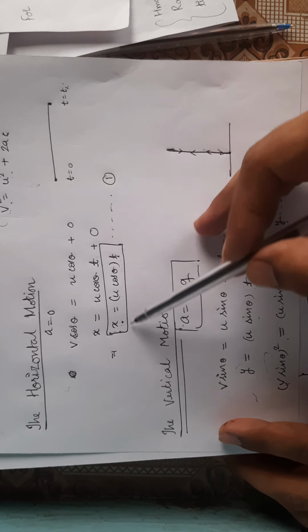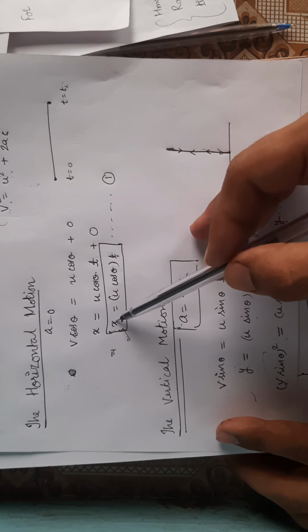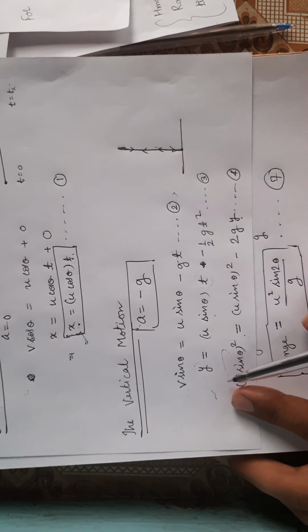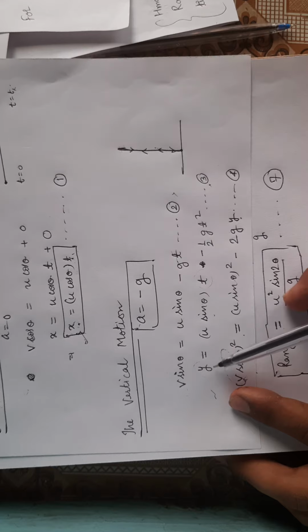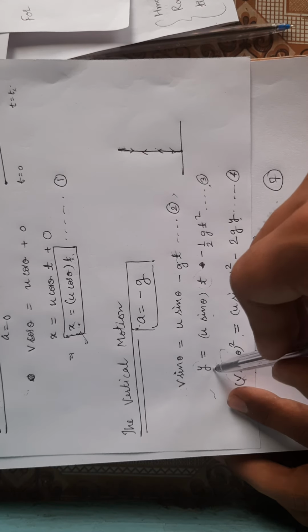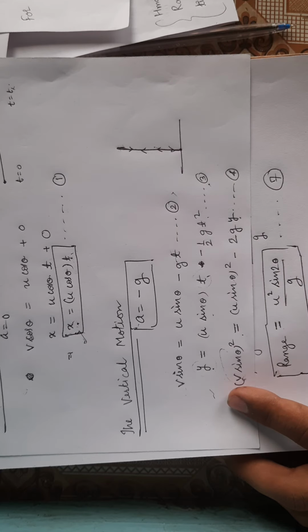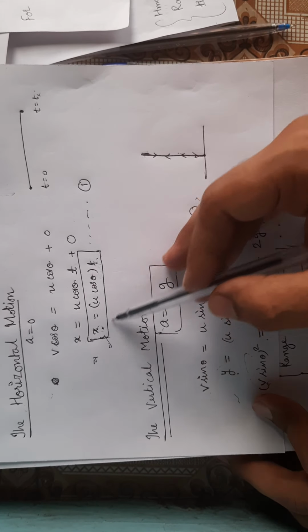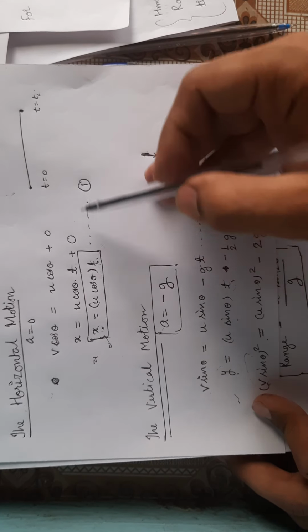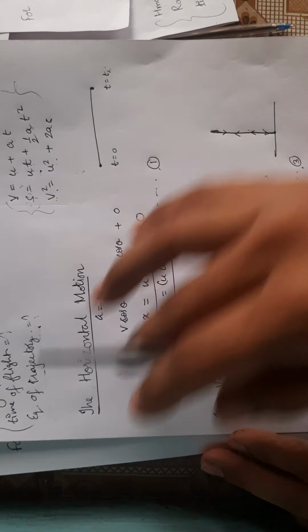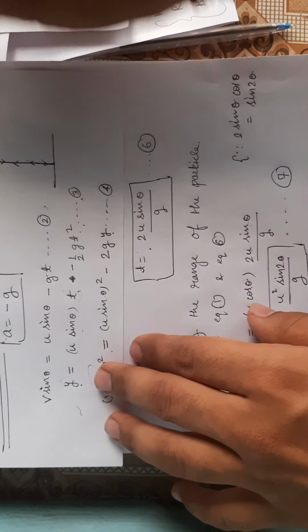We can use equation number 1, which is the position at any time t, and the other, equation number 3, which is the position of the particle at any time t in the vertical motion. So putting the value of t from equation 1 into equation 3, we can find the equation of trajectory, as we have done here.